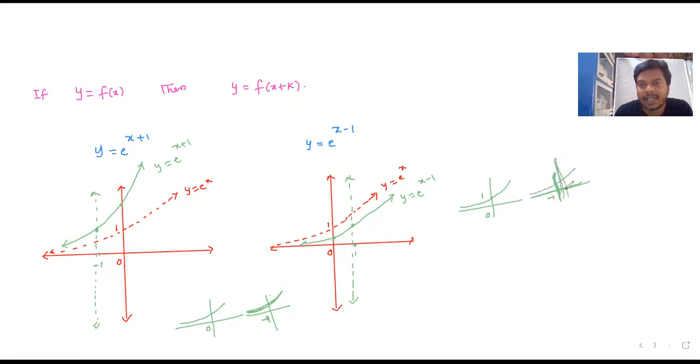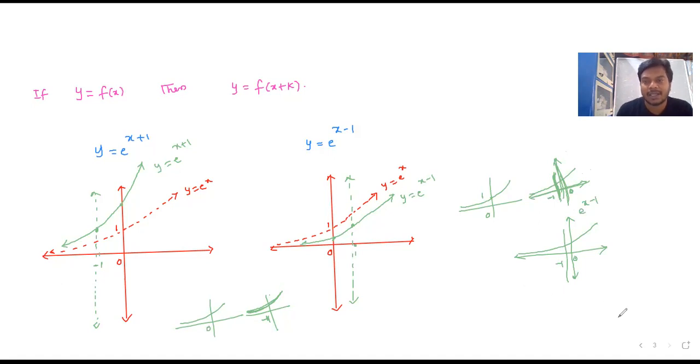This is the axis 0 at x equal to 0. This is the axis. Okay, by selecting vertical line x equal to minus 1 and x-axis, normally draw the graph and then go for y-axis at x equal to 0. This is the graph of e power x minus 1.